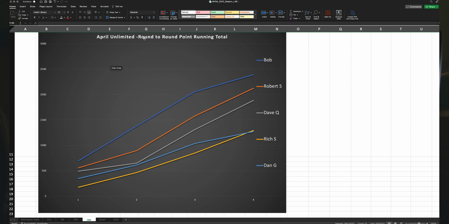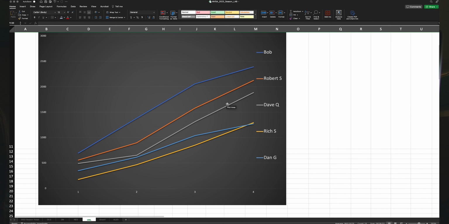This is a graph for April unlimited round by round. You can see this guy, he started off with a pretty good flight, and then he just ran away with it. You see second place here, coming here, and then you can see what happens here.